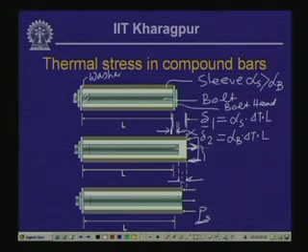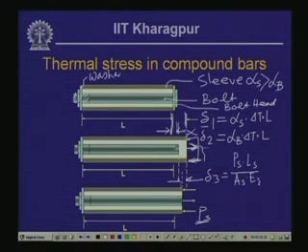So, if we call this delta 3, it is equal to Ps times Ls, which is L of course, divided by the cross sectional area of the sleeve times E of the sleeve. This is the amount of deformation that will be generated in the sleeve because of the application of this force Ps. Now, to bring the central bolt to this position, we need to apply a tensile pull so that it is elongated by this much.